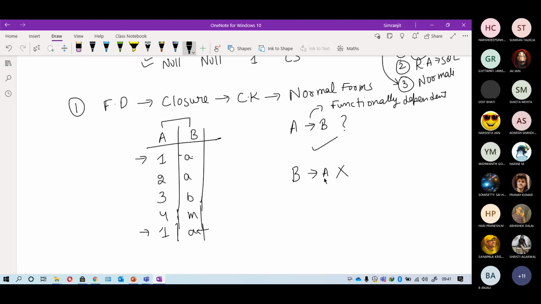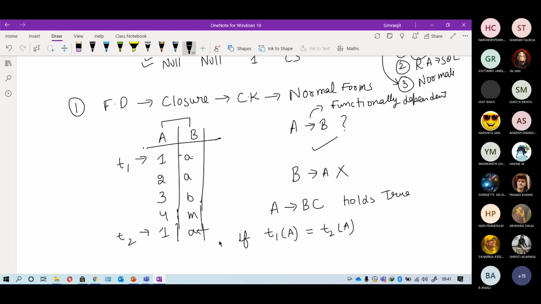Okay, so if I tell you in very simple words, if you are given this relation, A is functionally dependent upon B holds true if tuple of A, T1 of A, is repeating. So I'm saying tuple 1 is equal to tuple 2 in A. Tuple 1 is this one, tuple 2 is this one.